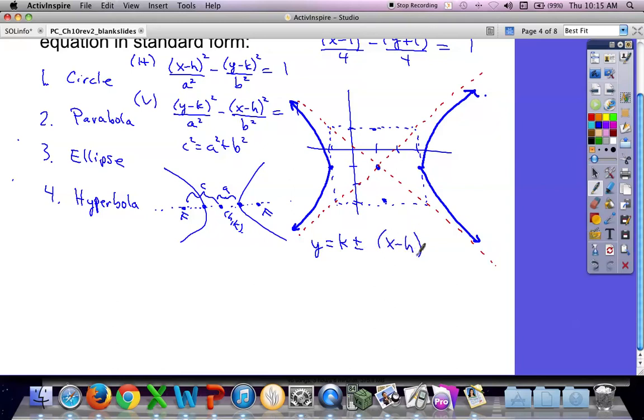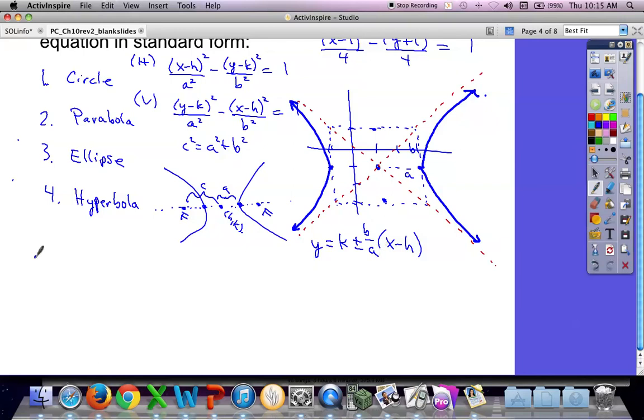The slope is either a over b or b over a, depending on whether it's horizontal or vertical. Since this one was horizontal, we went over a, right? That was the a, and this was the b. So the slope is b over a. If it was vertical, we would have gone up a and over b. It would have been a over b. And so in our problem here, it's b over a.